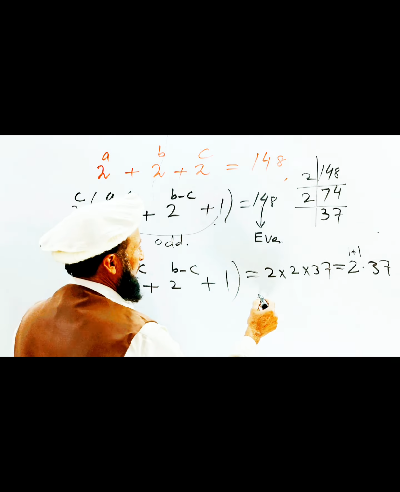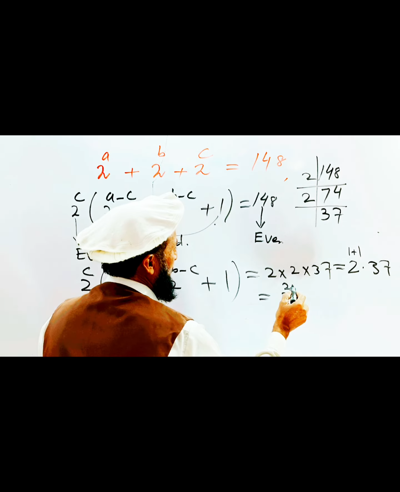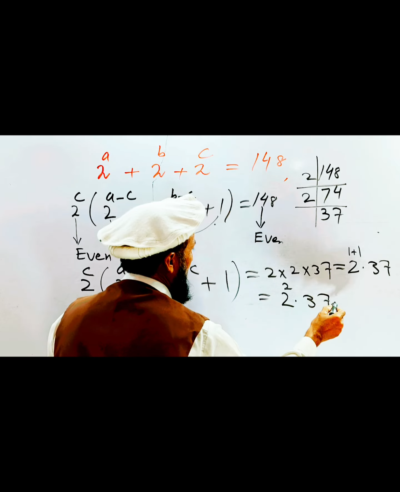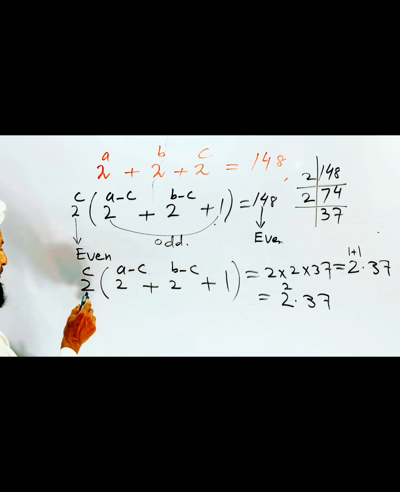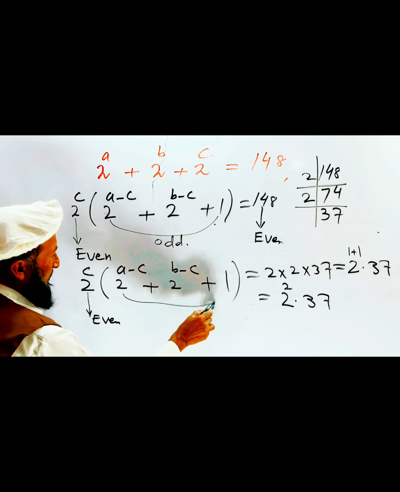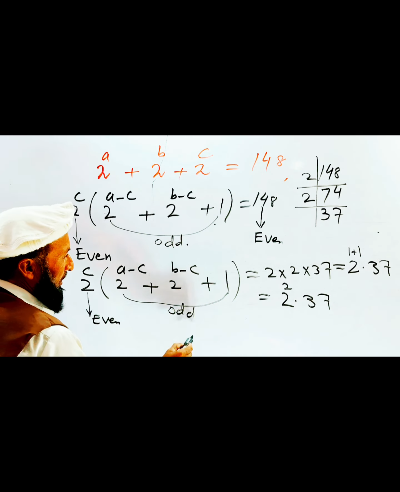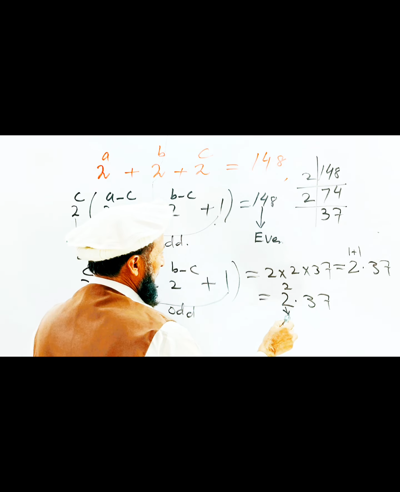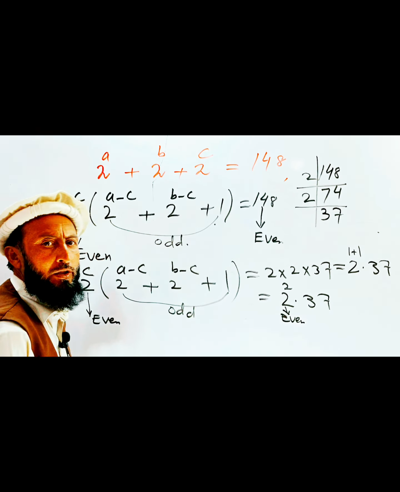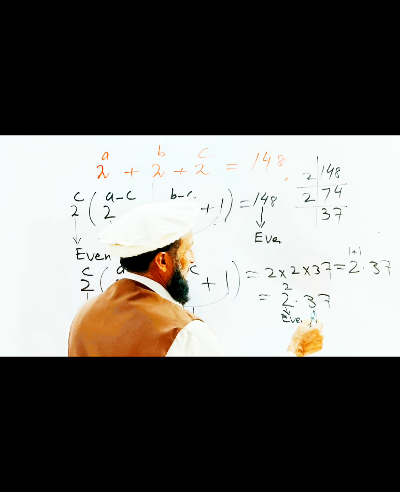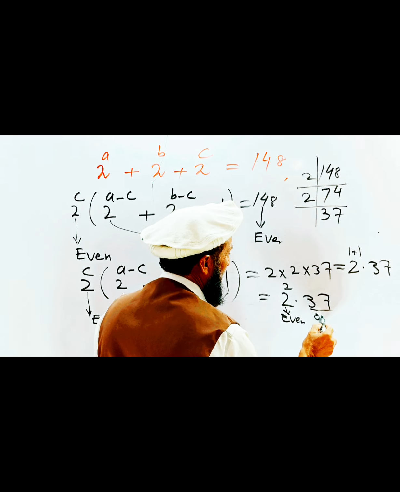Next, 2 exponent of 2 times 37. So 2 exponent of c is an even number and the bracket term is an odd number. Similarly, 2 exponent of 2 gives 4, which is even, and 37 is an odd number.